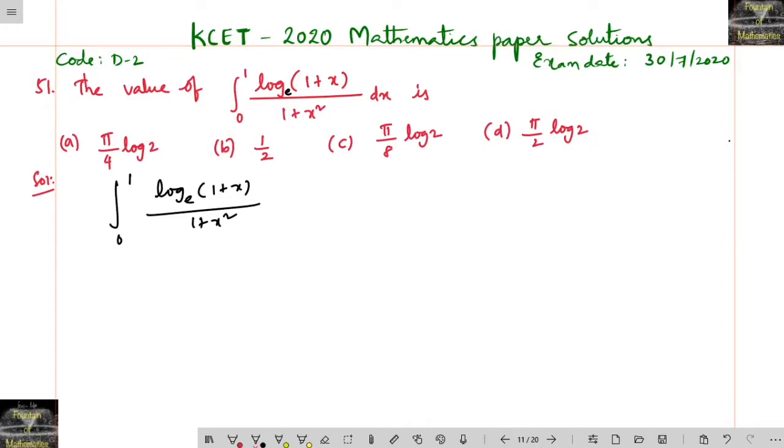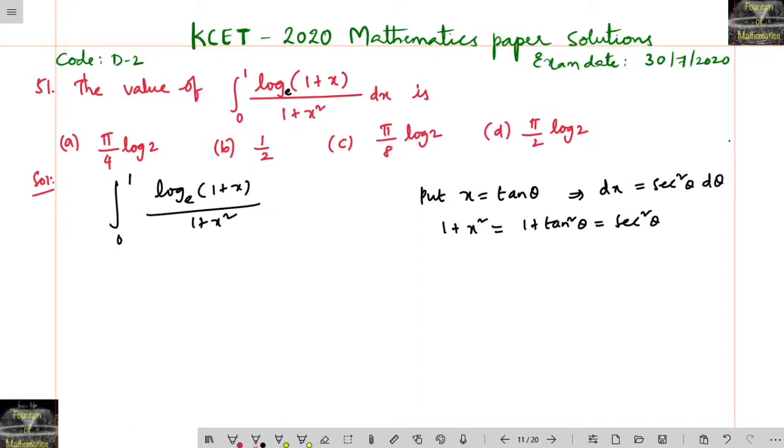Let me take some substitution, put x is equal to tan theta, so that 1 plus x square is nothing but 1 plus tan square, which is sec square theta. Differentiating with respect to x, dx is equal to sec square theta d theta.